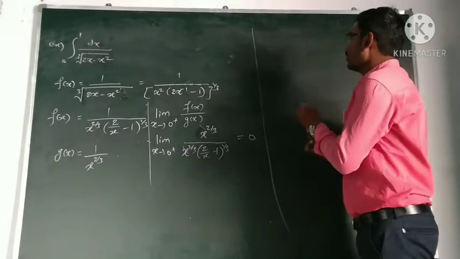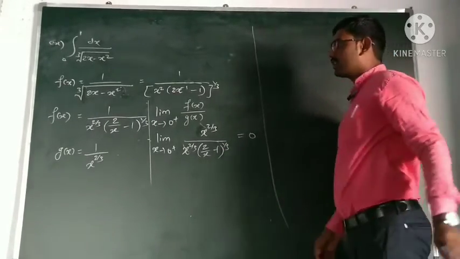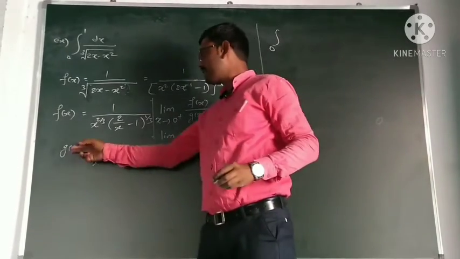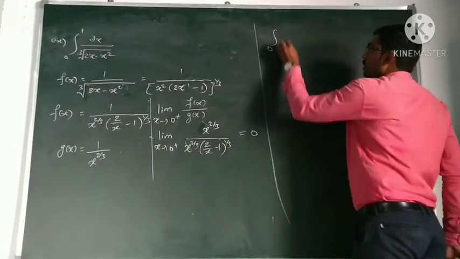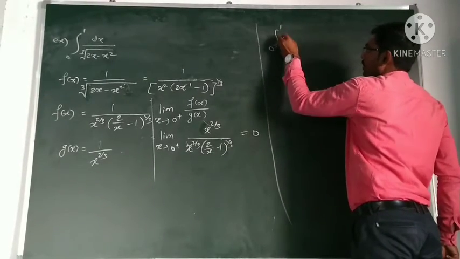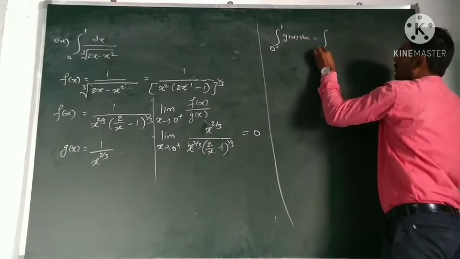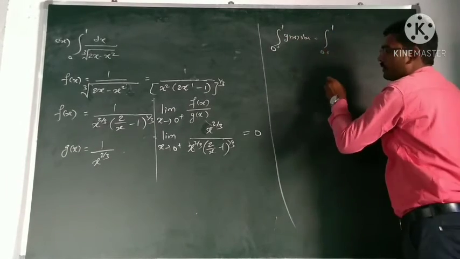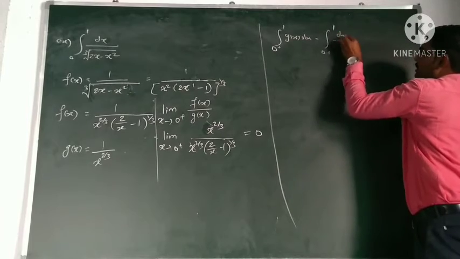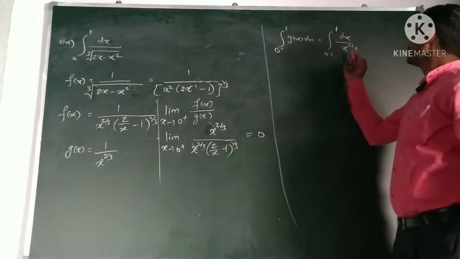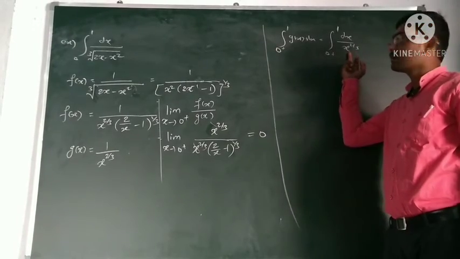Now by the test integral, the integral of g of x from 0 plus to 1, because 0 is the singular point, is the integral from 0 to 1 of dx upon x to the power 2 by 3. By test P3, this integral is convergent. Why?